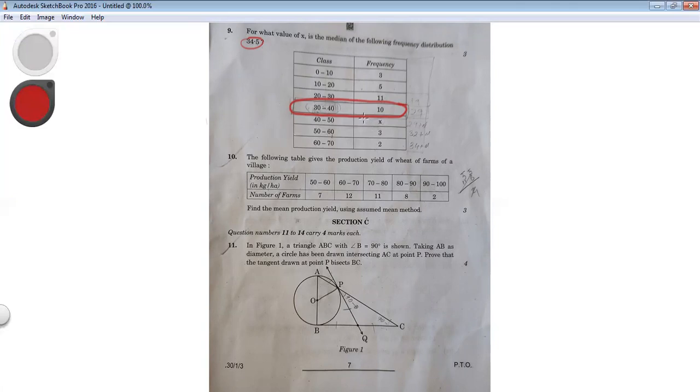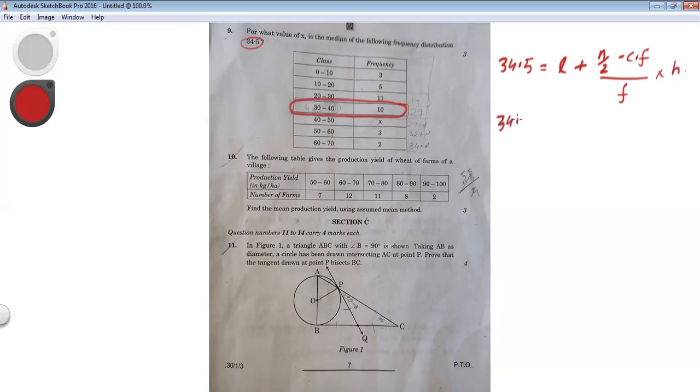Since that's going to be your median class, 34.5 is equal to L, the lower limit of the median class, plus n by 2 minus the cumulative frequency of the class preceding the median class, divided by f, the frequency of that median class, into the height of the class, right?